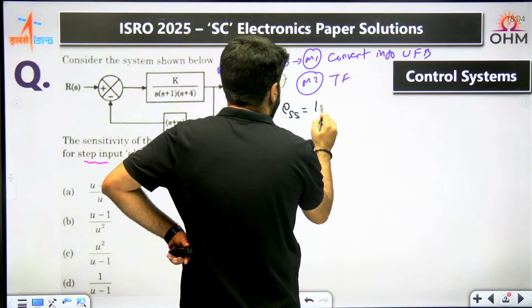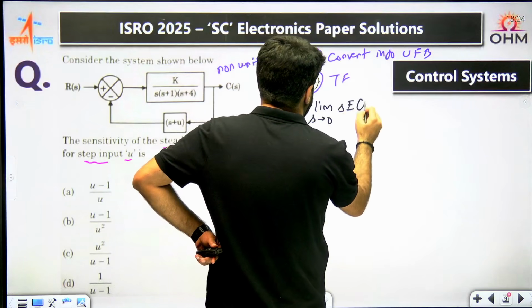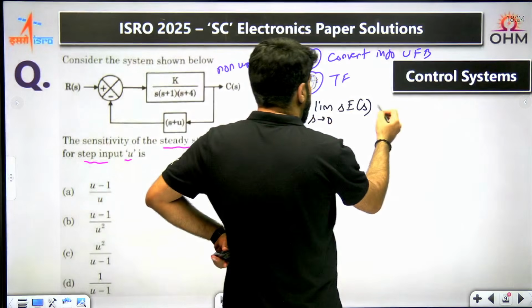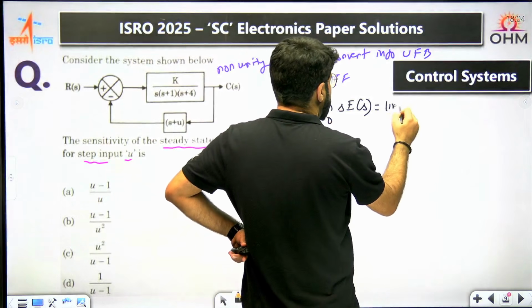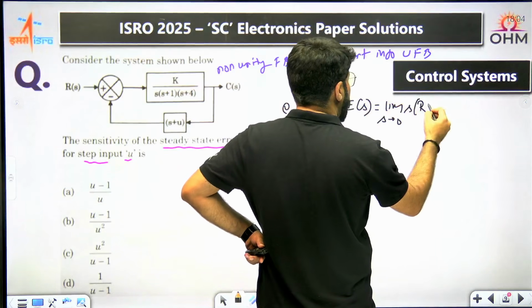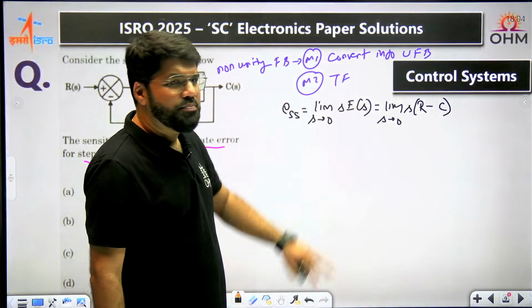Now what is the steady state error? The steady state error is given by limit s tending to 0 of s into E(s). It is the steady state value of the error signal, given by the final value theorem. The error signal is r minus c, the standard definition, where r means input and c means output.